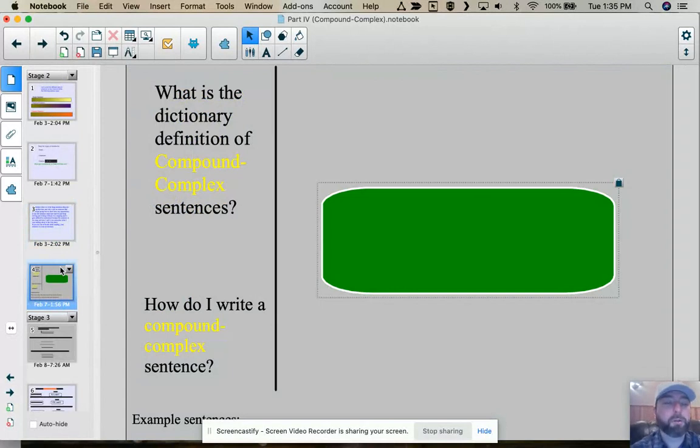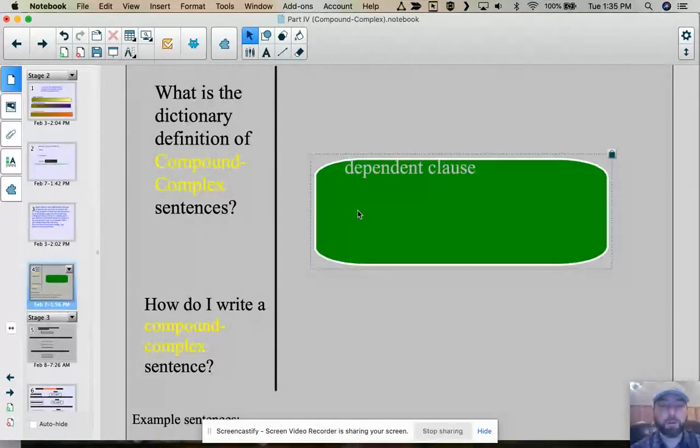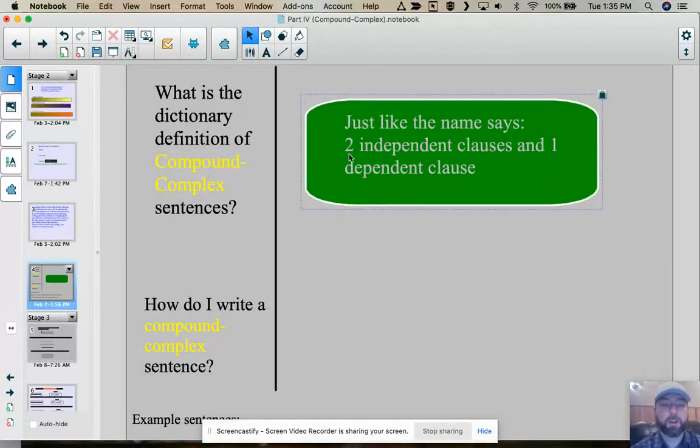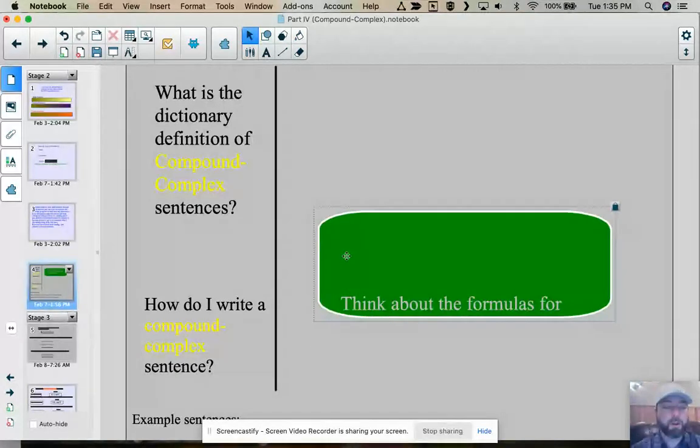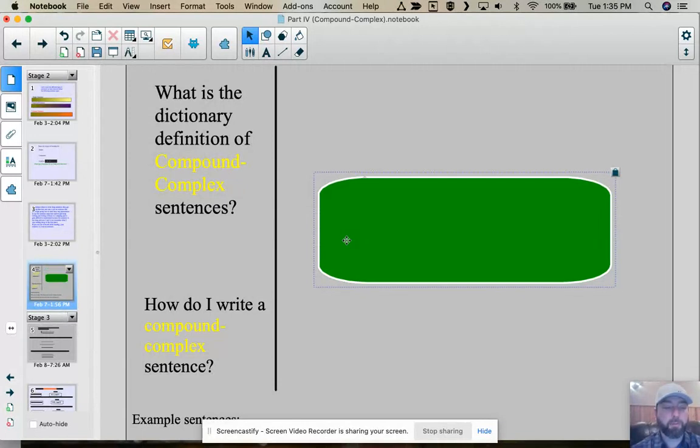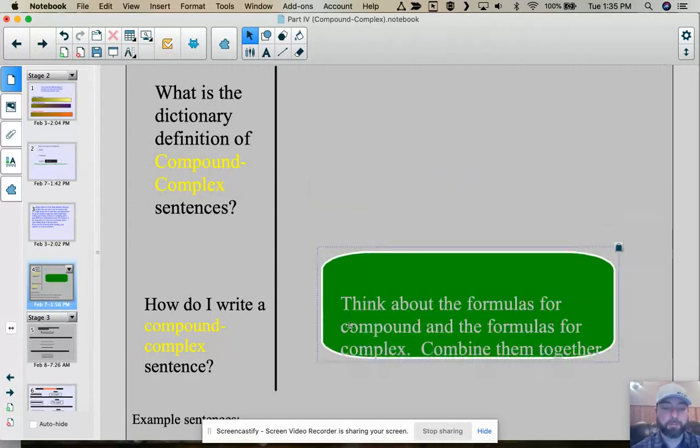All right, so what is the dictionary definition of a compound complex sentence? Well, it is just like the name says, two independent clauses and one dependent clause. We'll talk about formulas in a little bit. And how do I write a compound complex sentence?